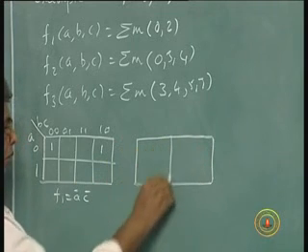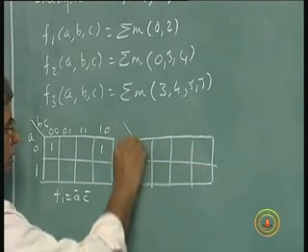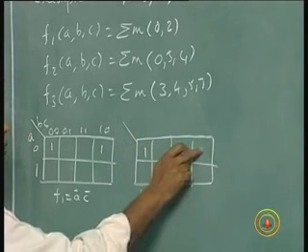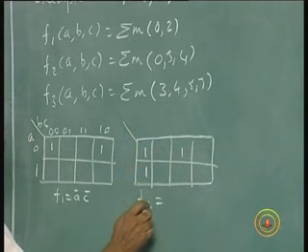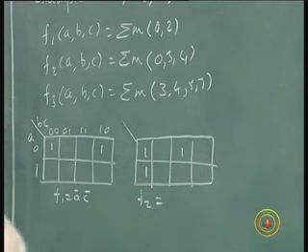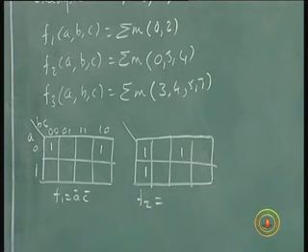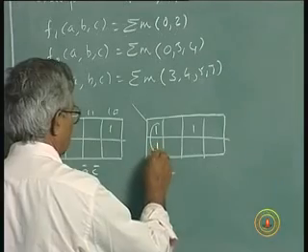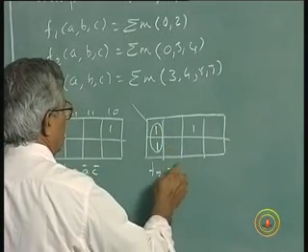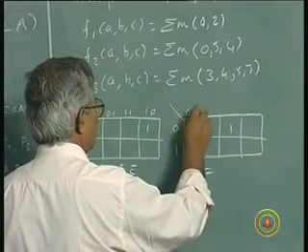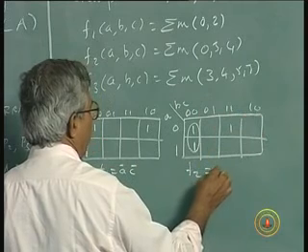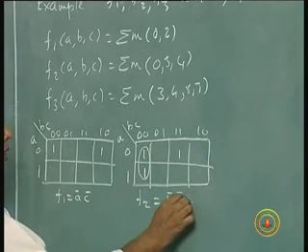F2 would be 0, 3, 4. Okay. This will be what? B bar, C bar, or A bar, B, C.